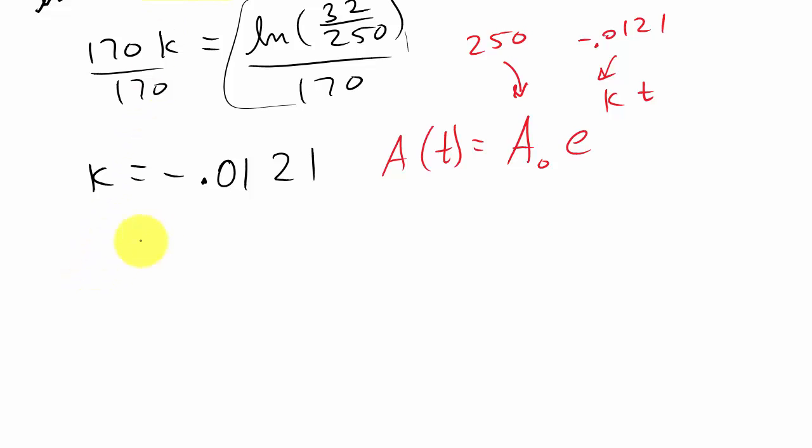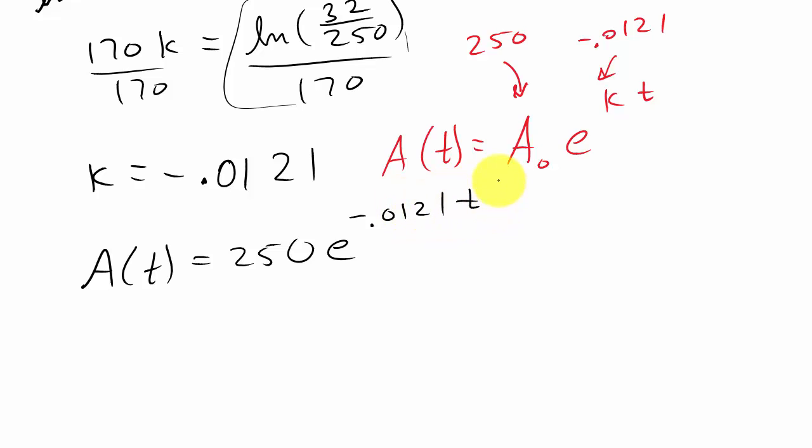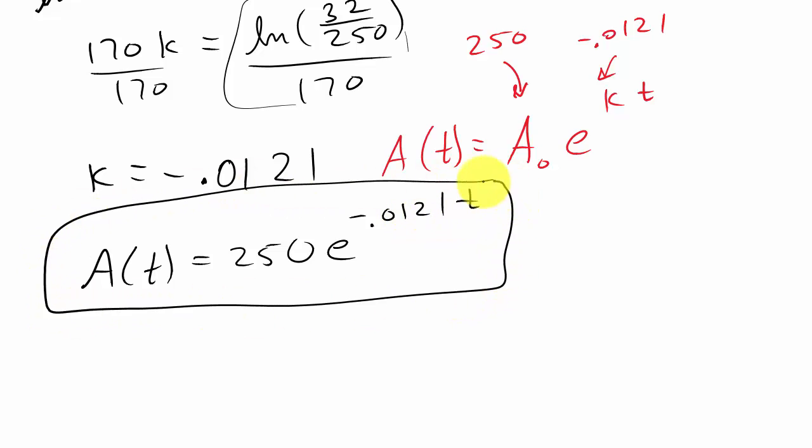So my function is A of t is equal to 250 e to the negative 0.0121 times t. So that answers the first part. That's our function in terms of t.